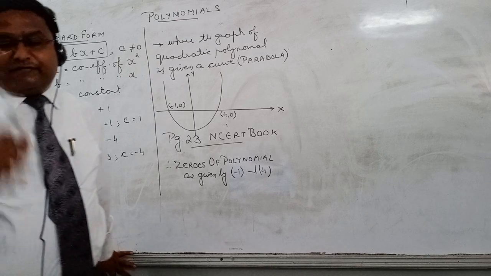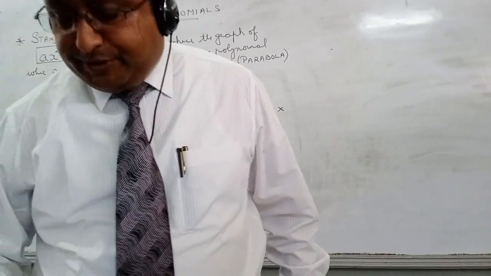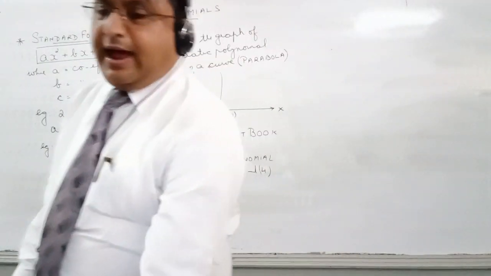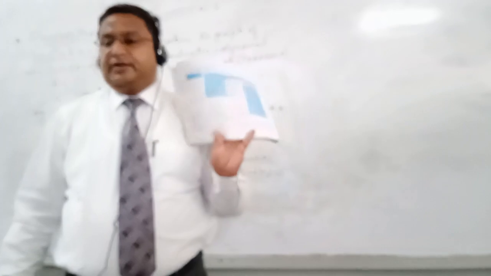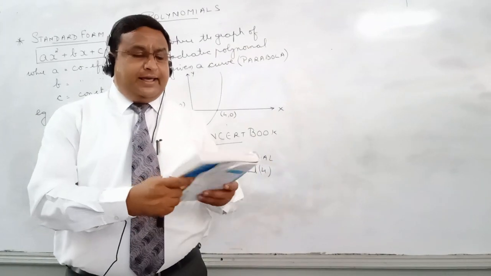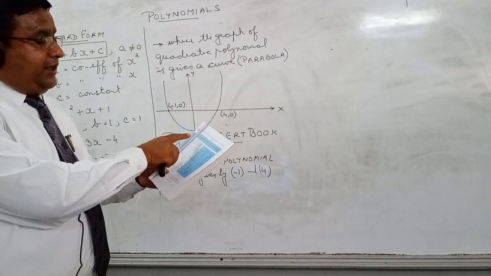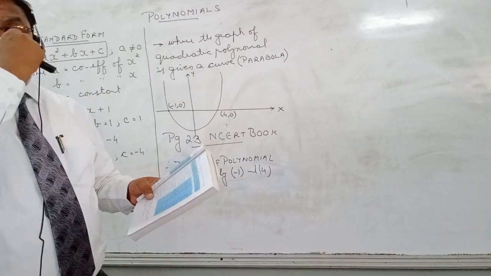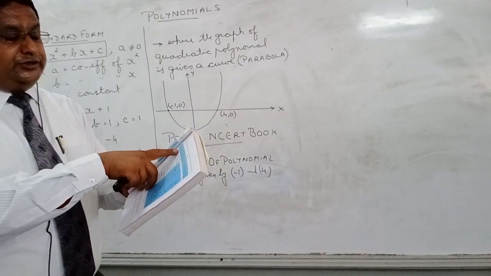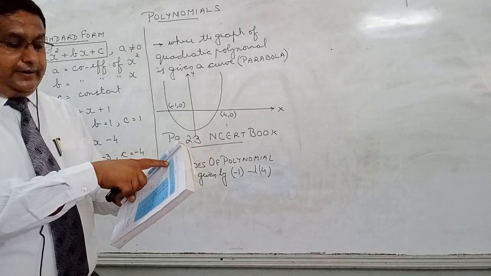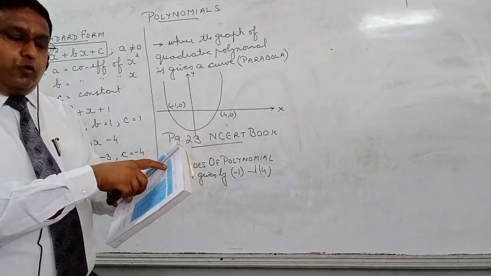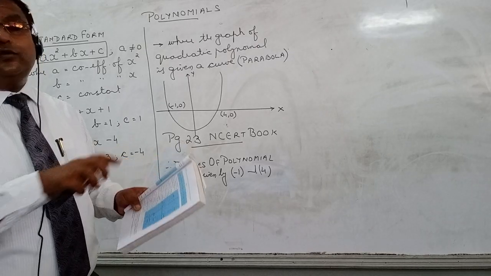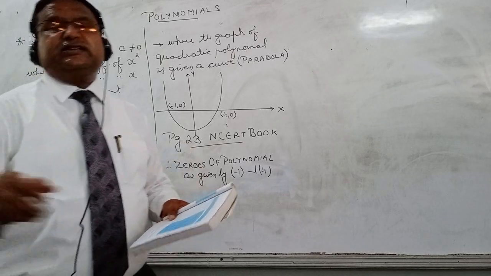When we substitute x as minus 2, the value of the polynomial comes out to be 6. I am talking about the NCERT book that we follow, table 3.1. Next, if I substitute x equals minus 1, the value of this polynomial comes out to be 0. Minus 1 square is 1, minus 1 into minus 3 is plus 3, plus 1 plus 3 minus 4 becomes 0. So this is the table.